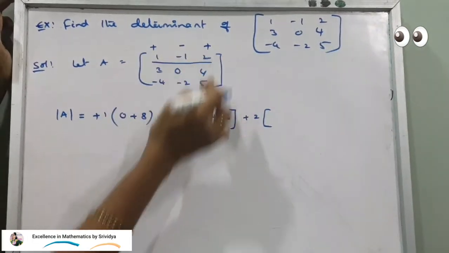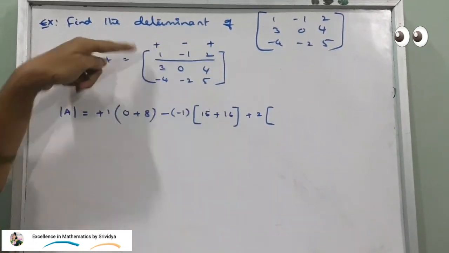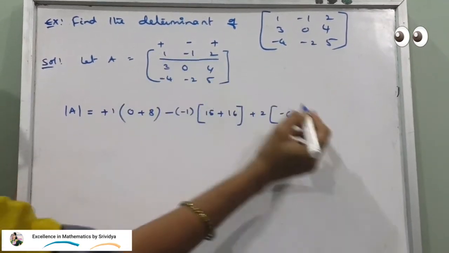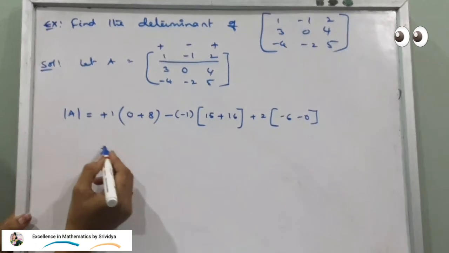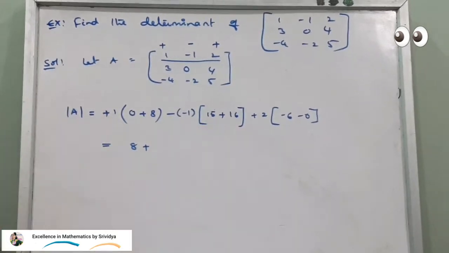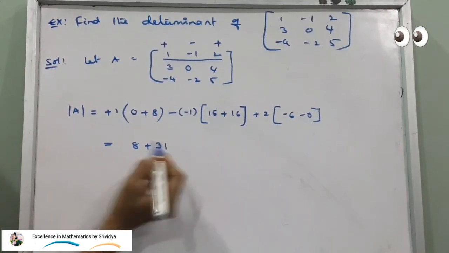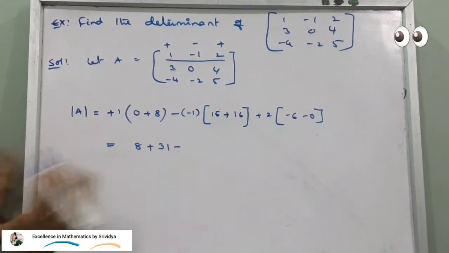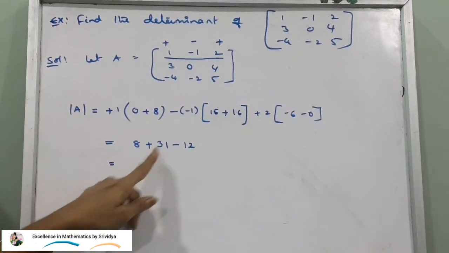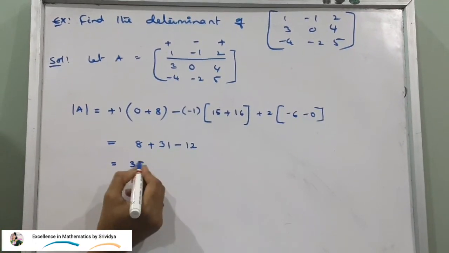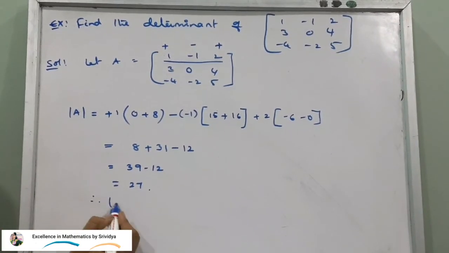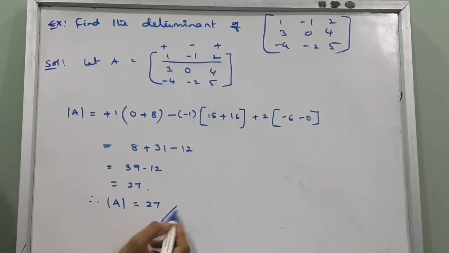Plus 2 into the remaining submatrix 3 0, minus 4 minus 2, we get minus 6 minus 0, which is 8 plus 31, minus 2 into 6, 12. So 8 plus 31 is 39, minus 12, which is equal to 27. Therefore the determinant of the given matrix is 27.